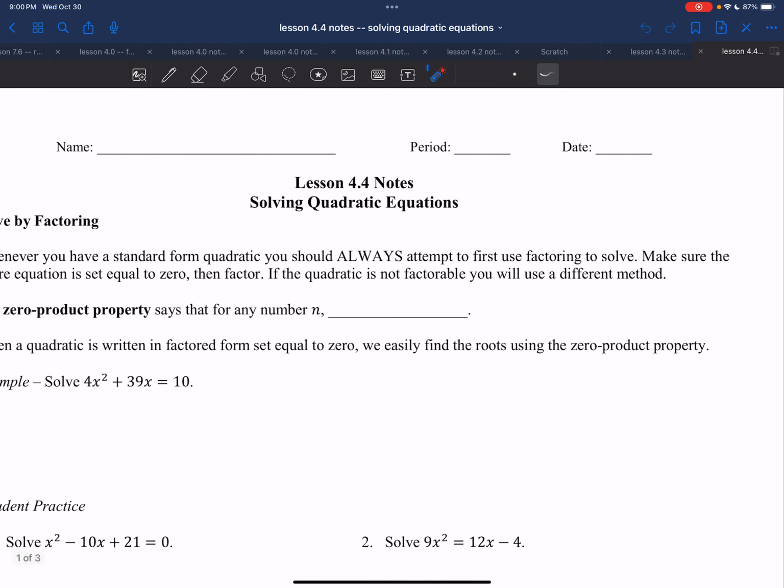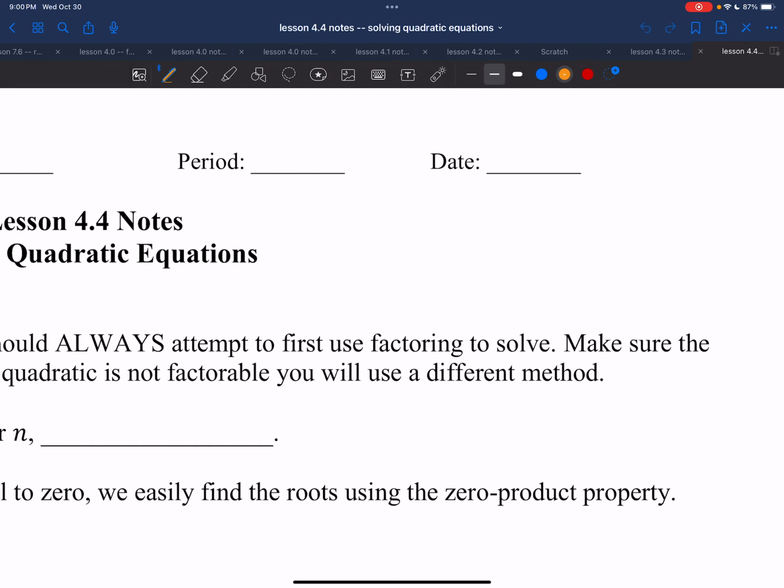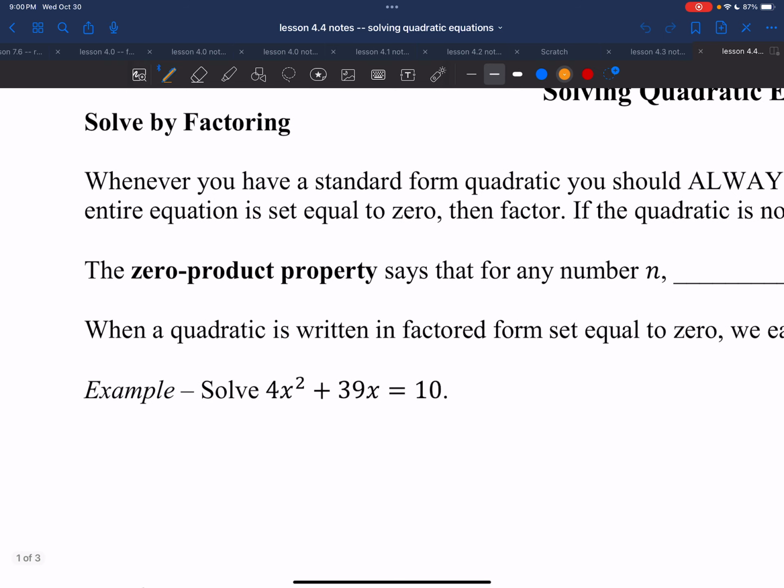I'm just going to put a little note here, you don't have to write this, but there's a property of 0. I'll zoom in right here. It's the zero product property. This is going to be useful when solving by factoring. Let's think about those words: 0, the number 0, and product means multiplication.